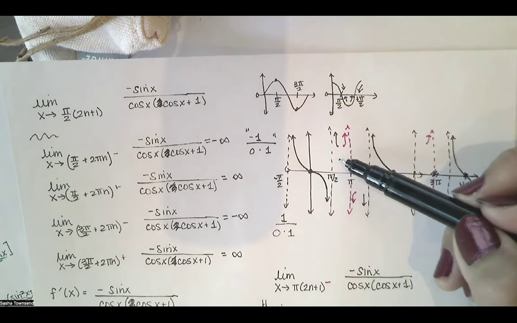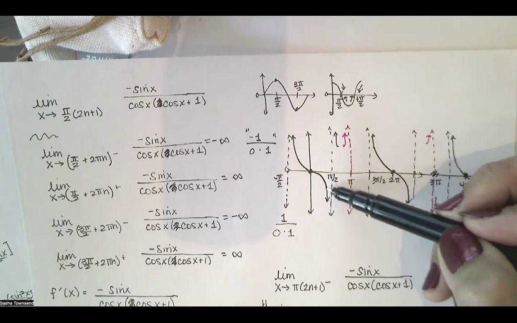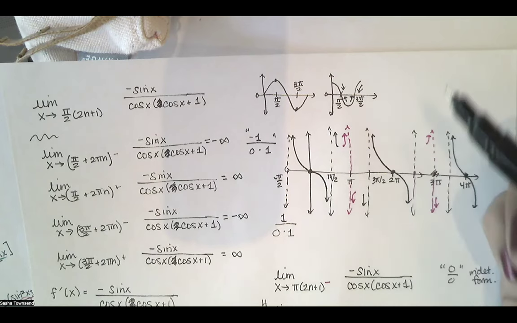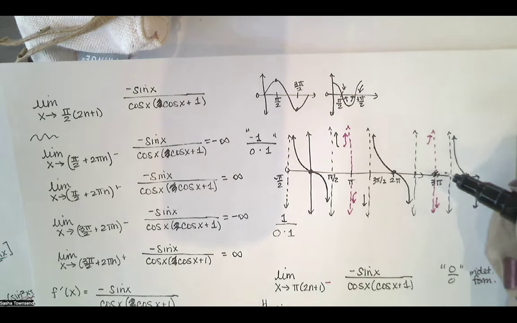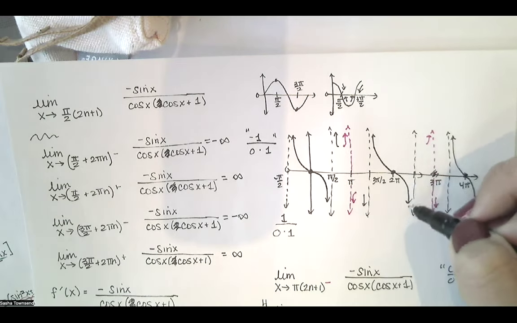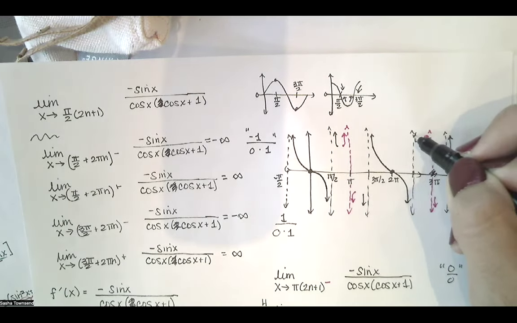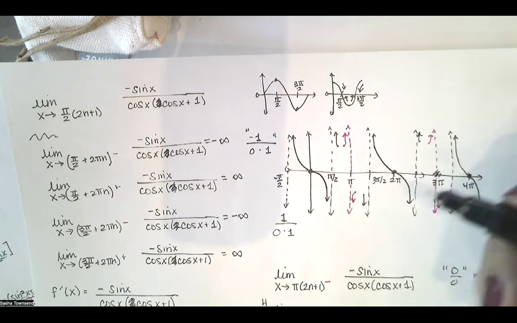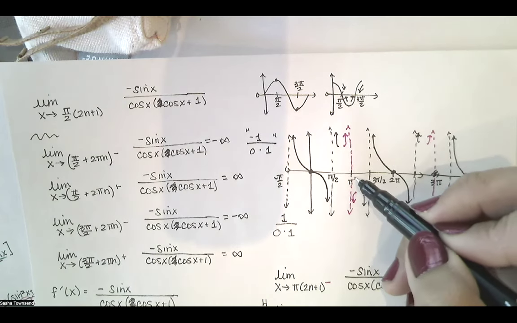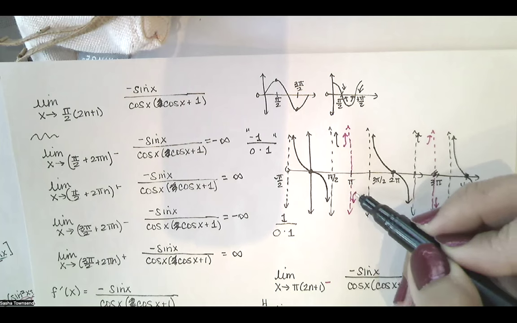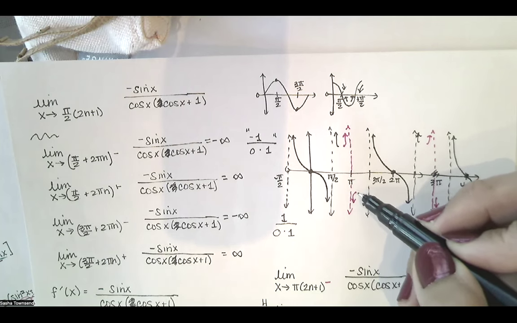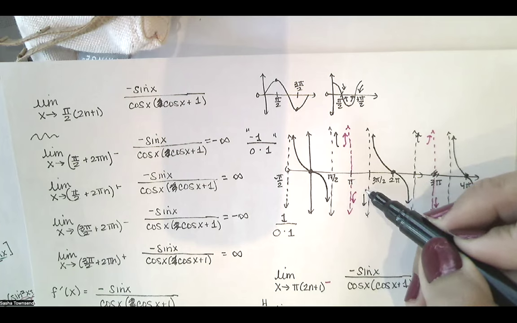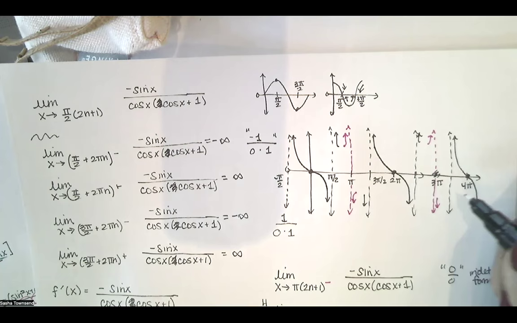Now at pi over 2, our function goes to negative infinity to the left and positive infinity to the right. So I have negative infinity to the left and positive infinity to the right here. And then at pi and 3 pi over 2, the function values are both going to negative infinity as we approach pi from the right and 3 pi over 2 from the left.